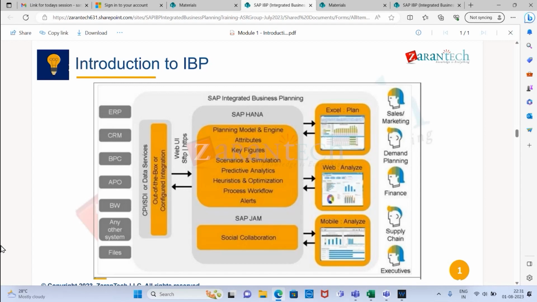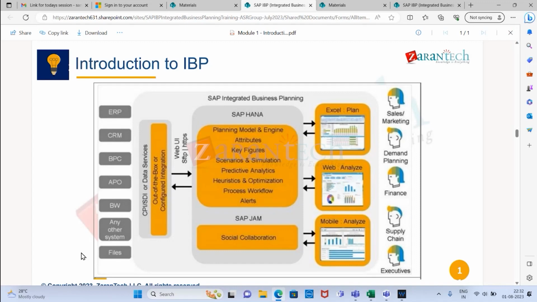This tool does the order management or order processing in SAP, or it can be any other platform. It takes care of managing the customers and customer requirements in the tool.